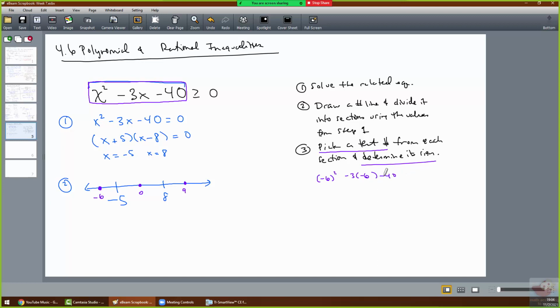All that matters is, is this a positive number or a negative number? 36 plus 18 minus 40 is still positive. And you do the same thing for 0 and 9. I will tell you 0 gives you negative, 9 gives you positive. And Red Bull does not give you wings.